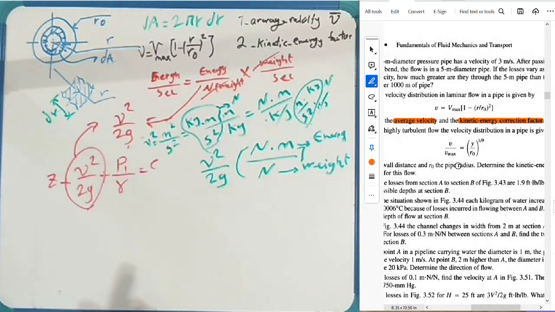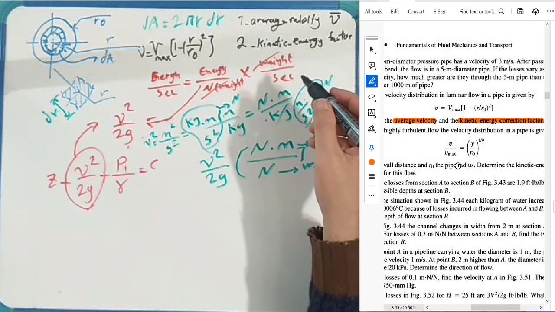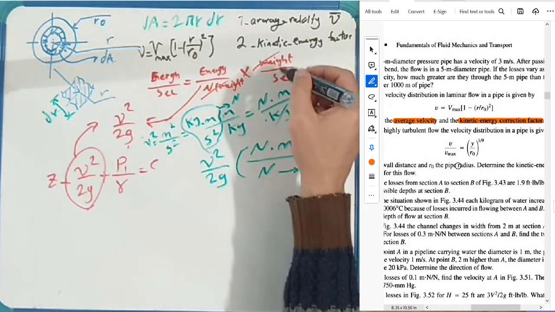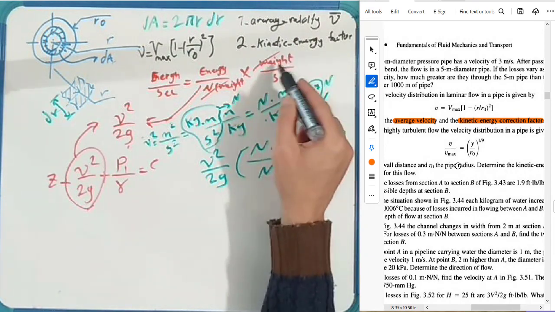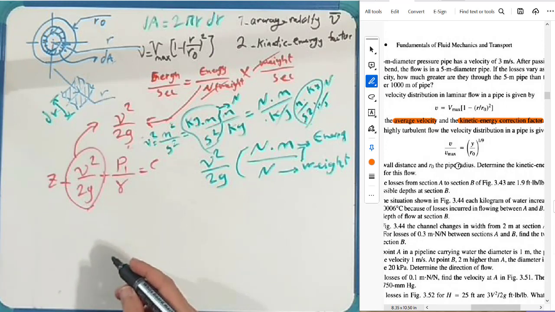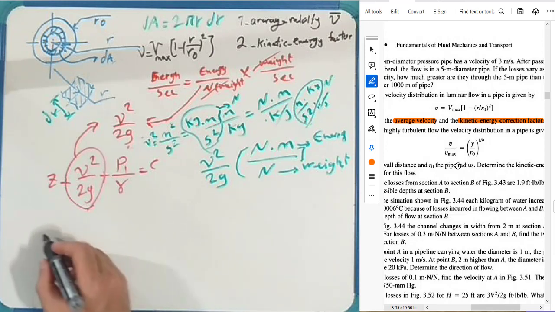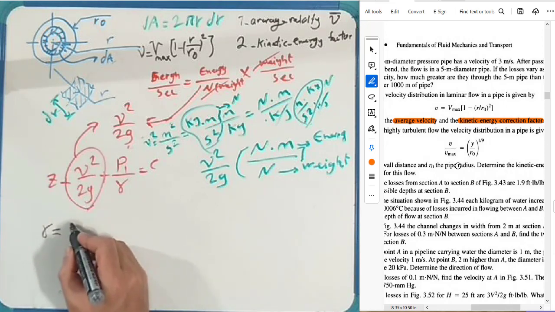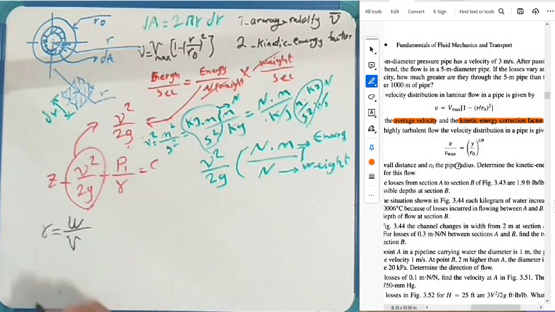Okay, let me continue. But for this one, what should I use for this term, weight per second? I know that gamma equals weight per volume, and density rho is equal to mass over volume.